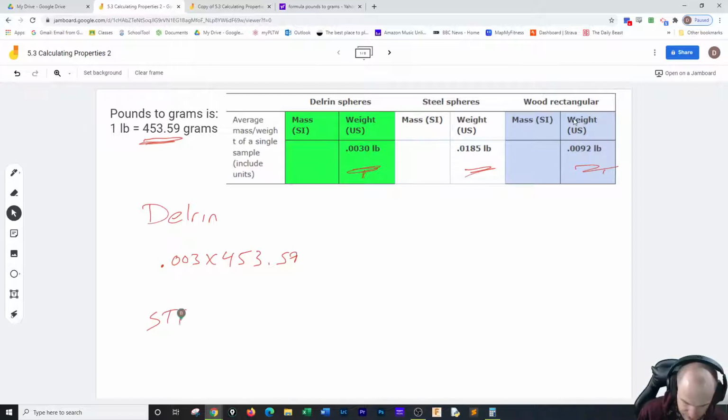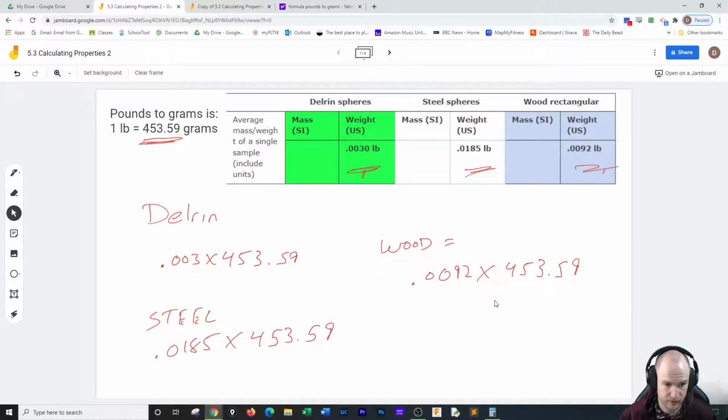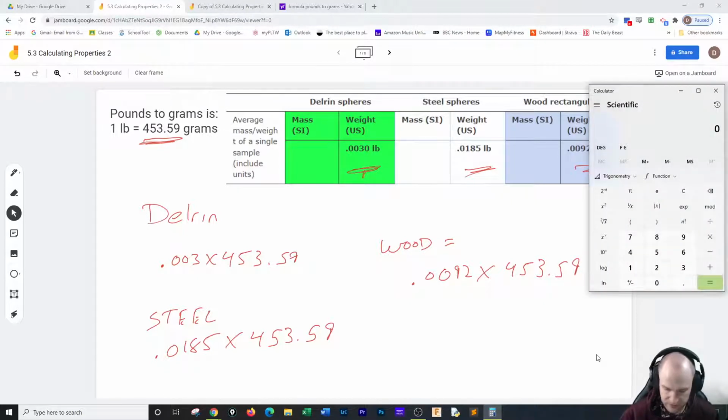The steel is going to be 0.0185 times 453.59, and finally the wood is going to be 0.0092 times 453.59. And I've got my calculator over here, so let's punch these values in.